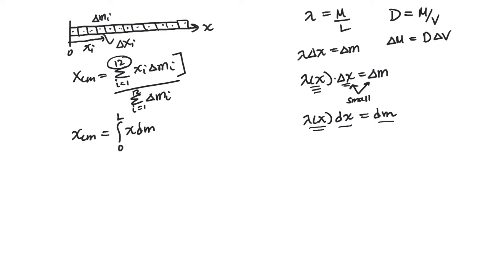So just to come back to this picture, it's like if this was my dm and it's at a location x, and then I can go along the length of the rod, and at every point x has a dm associated with it. So that's really the same as what's in the numerator over here. These are equivalent.